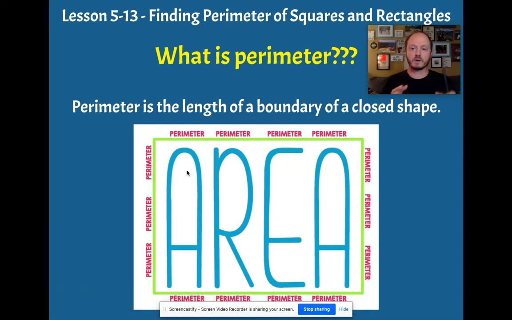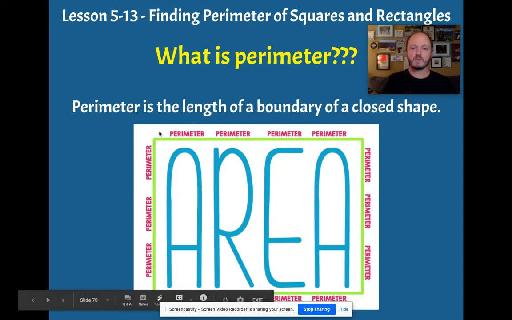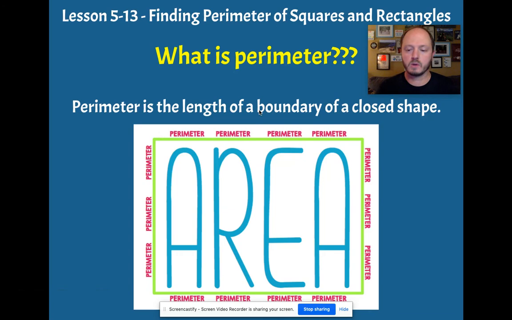And it has a different kind of unit, and we'll get to that much later. But perimeter is given as an answer in terms of a length. We imagine that we take all of these sides and stretch them out into one length.